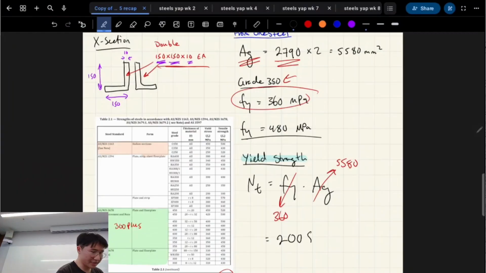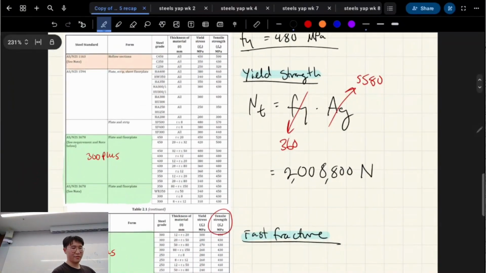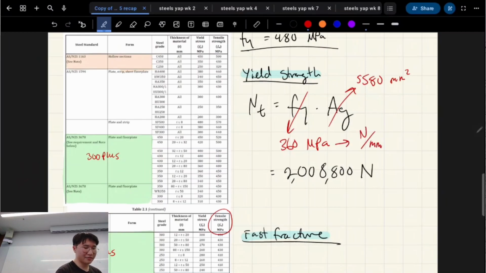So in terms of units, I'm gonna start skipping steps for units later in this crash course. But if we have MPa, we have mm to the power of 2, right? MPa are newtons per millimeter squared. You have millimeter squared, newtons. When you multiply them together, you're going to get newtons, right?